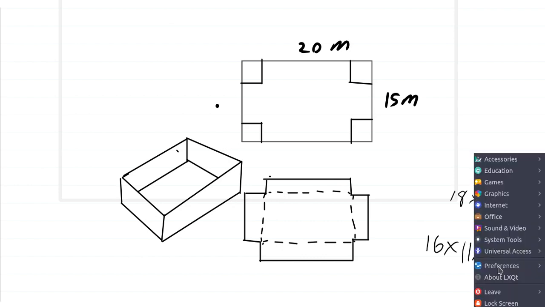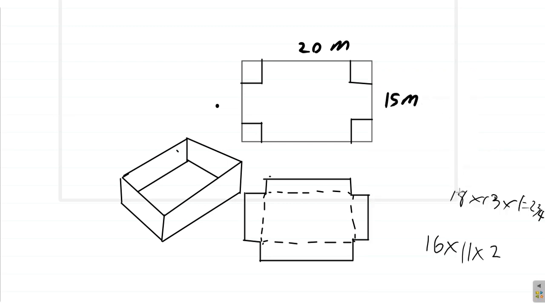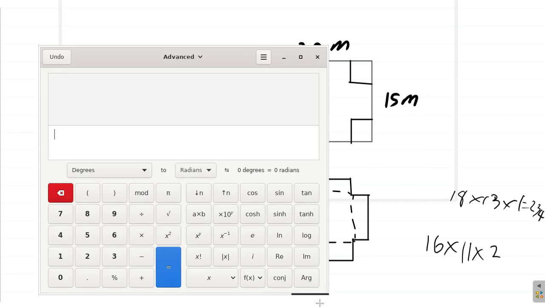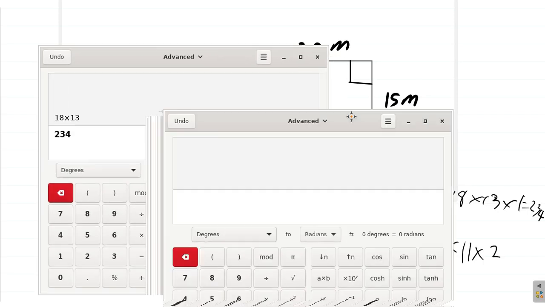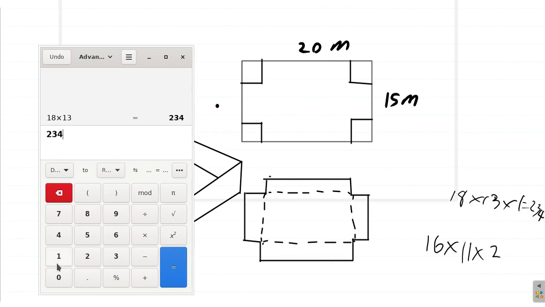And if you do this, then what would happen? So 16 by 11 by 2 equal 352.